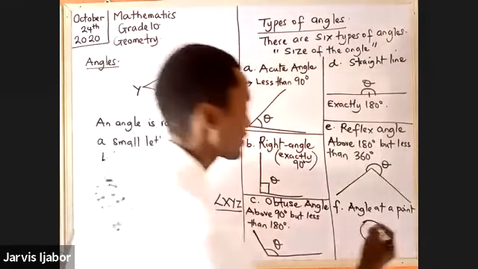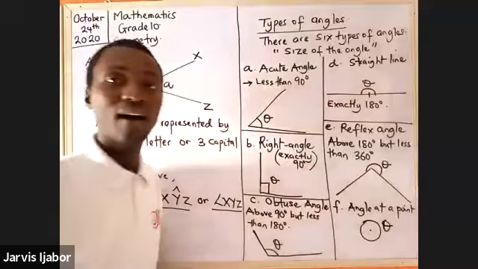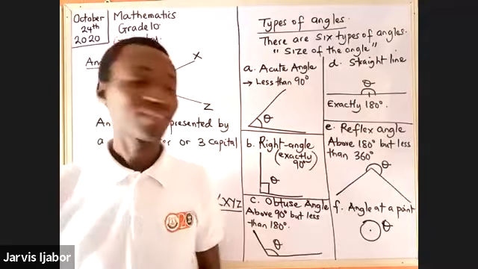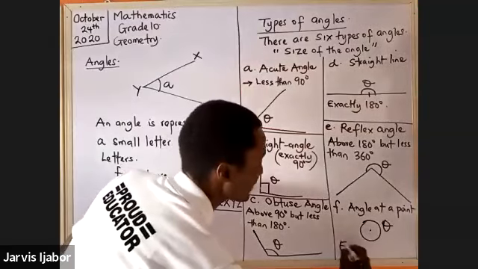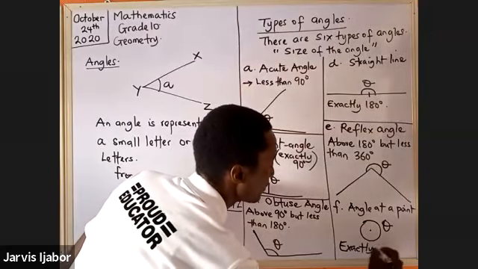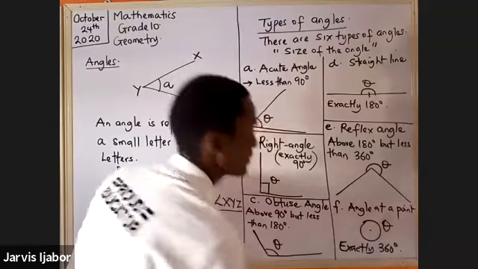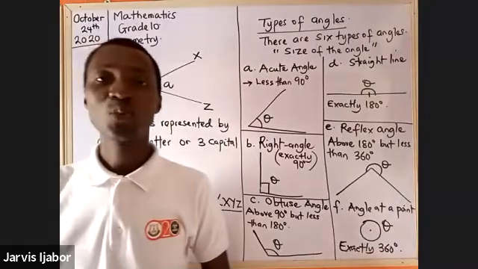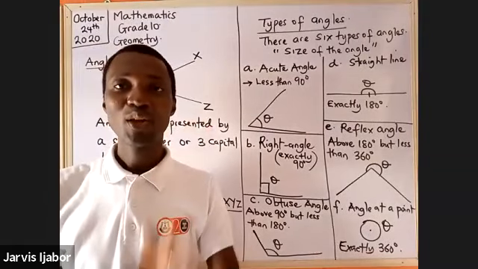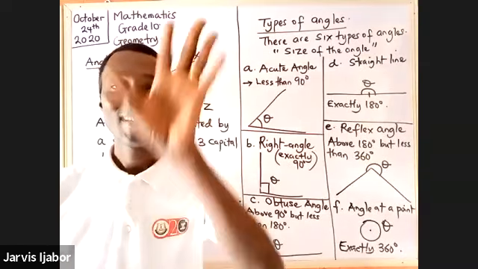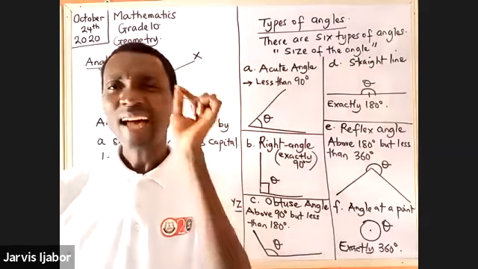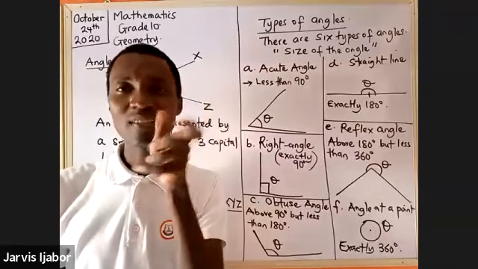The angle that goes around that point is called angle at a point. And it is exactly 360 degrees. It is that angle that forms the circle.